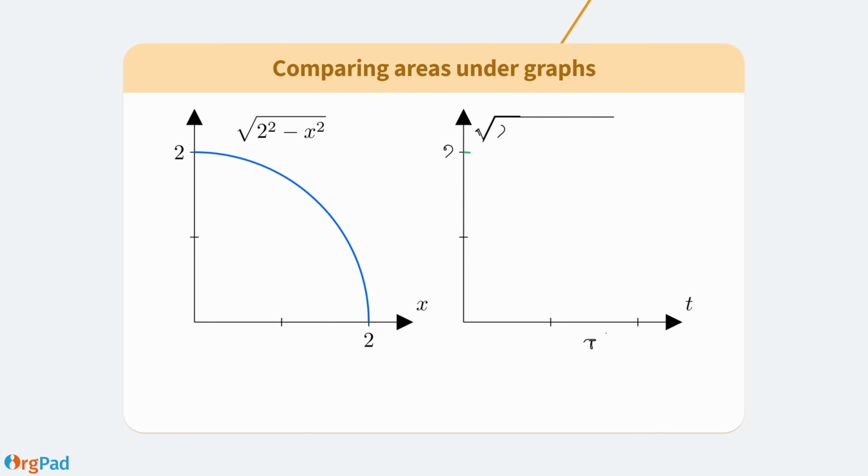On the right, we have the modified function, the square root of r squared minus r squared times sine squared of t, which simplifies to r times cosine of t. Clearly, the area under the blue graph is larger than that under the green one.